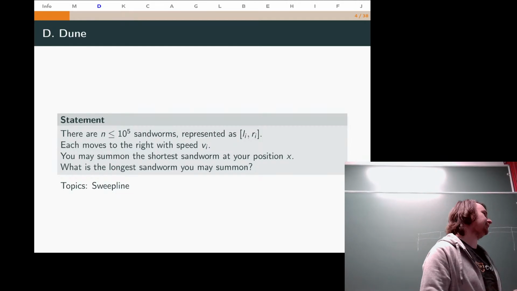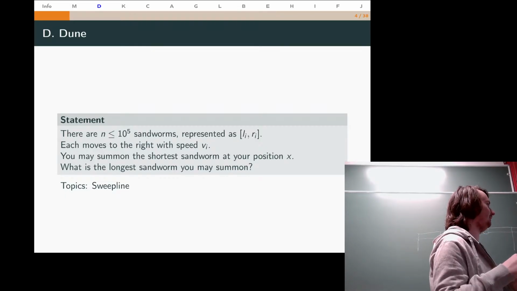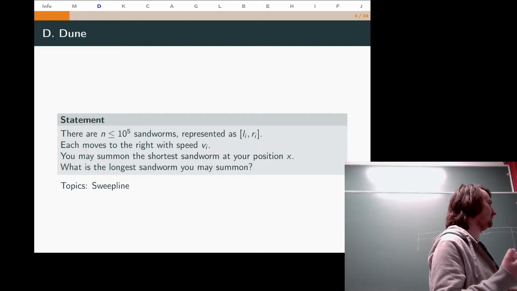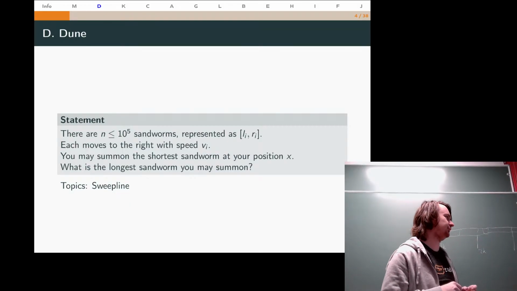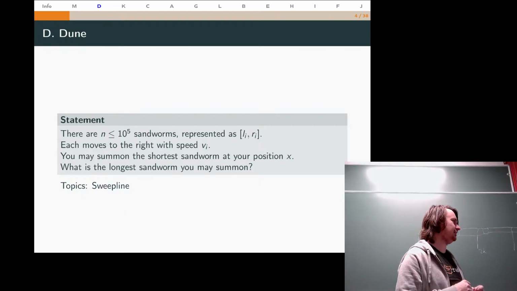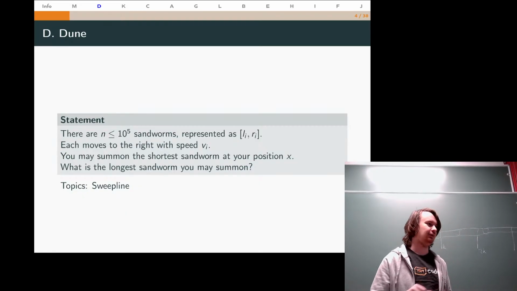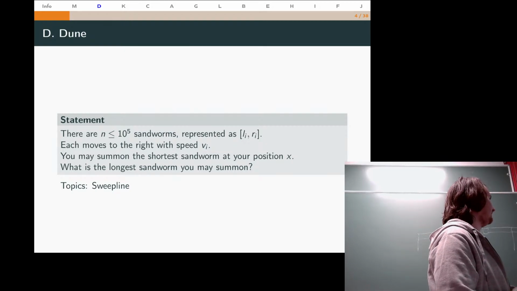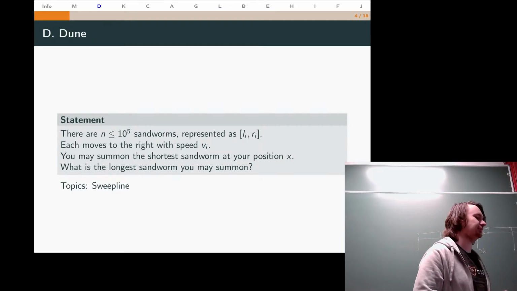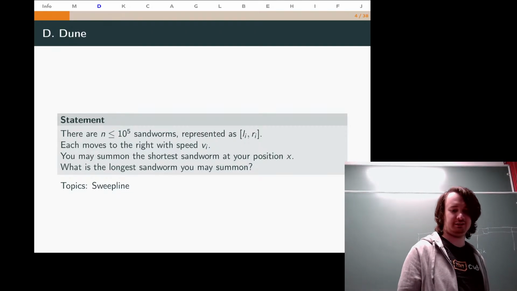And then we are able to summon at any moment of time. We are given initially the position x where we are standing, and at any moment of time we can choose this time t, and we can summon the shortest sandworm that is currently passing underneath us. The problem asks what is the longest sandworm that we may summon under this setup.